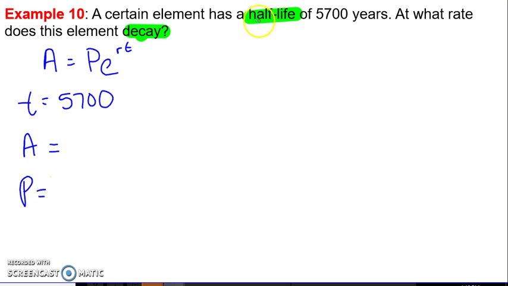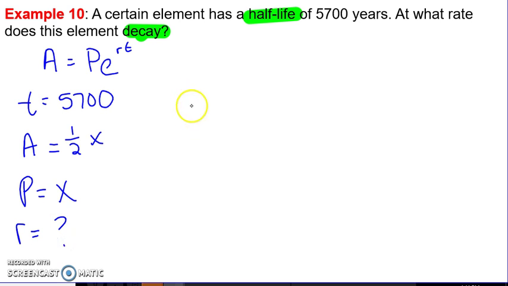I'm talking about half-life, so the amount that I'm looking for is x. I don't know what the principal is, but I do know the element has a half-life of 5,700 years. So my A is half of whatever my principal is, and I don't know the rate.